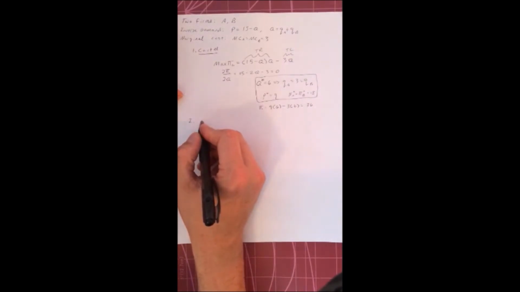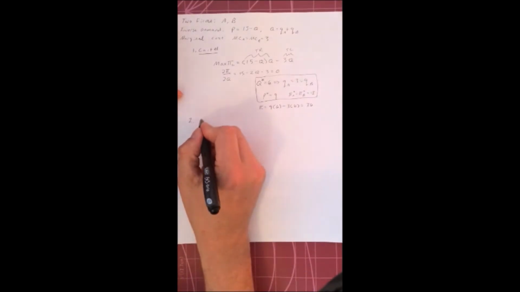So let's now assume that firm A and firm B are not working together. They are not going to be in a cartel, and now they are choosing price. So they're competing on price.